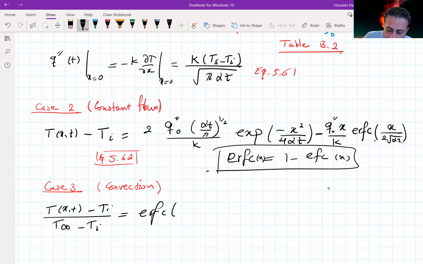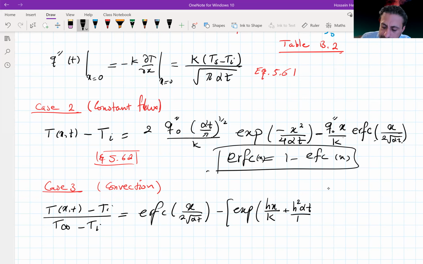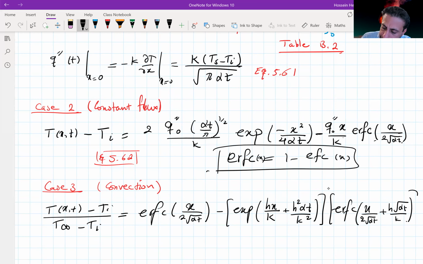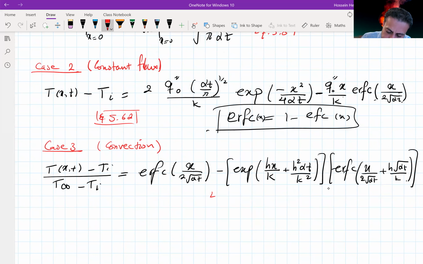It's going to be error function c of x over 2 square root of alpha t, minus exponential of (hx over k plus h squared alpha t over k squared) times error function c of (x over 2 square root of alpha t plus h square root of alpha t divided by k). And this is equation 5.63 in your book.